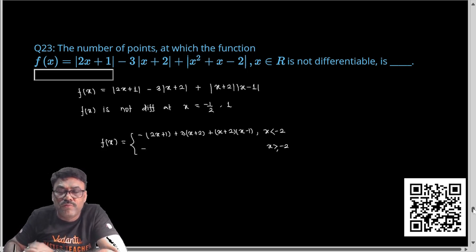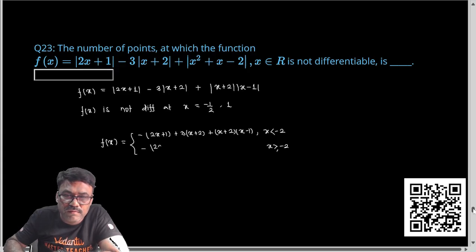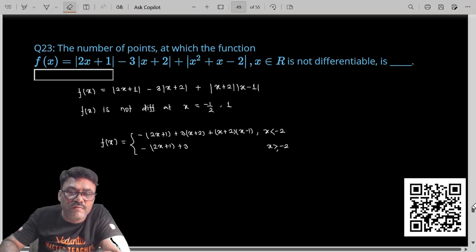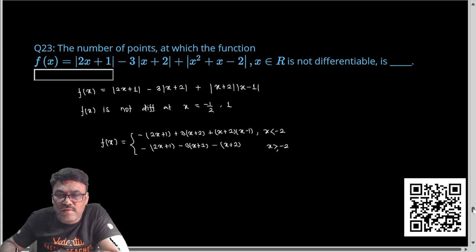In the neighborhood of minus 2, it is negative. The 3x plus 2 is positive, so it is positive 3 times x plus 2. And here you will get minus of x plus 2. But this one, x plus 2 is positive, but x minus 1 is still negative. So this is what you are getting.